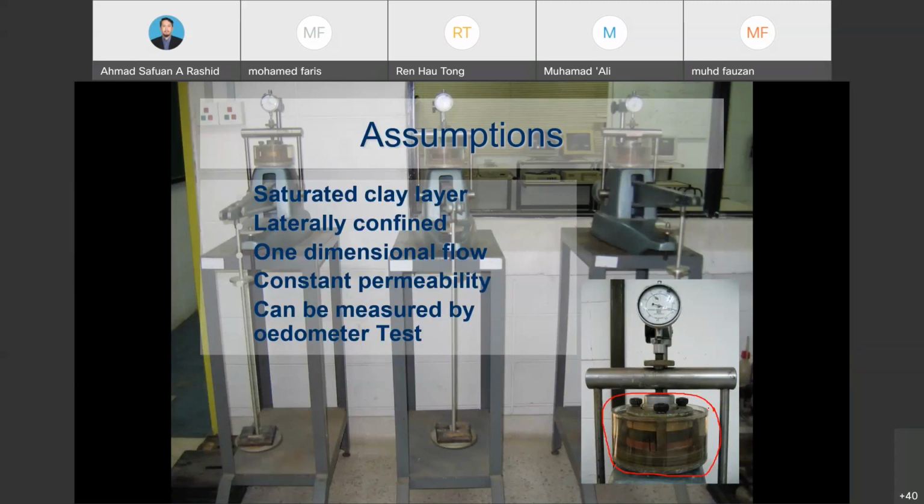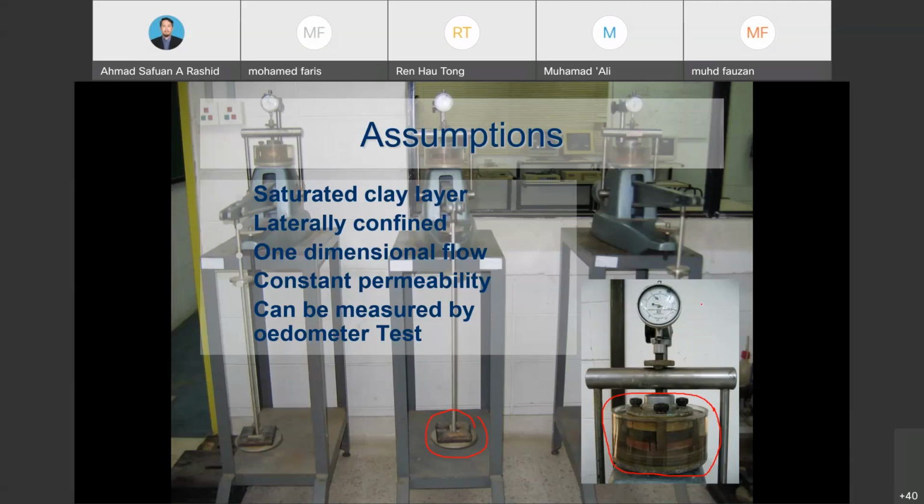In the odometer test sampler setup, the load is the dead load system. This dead load will later be divided by the area to get the value of the stress.